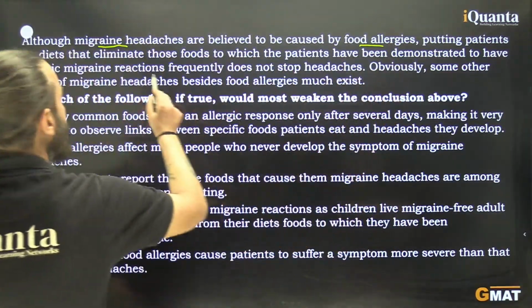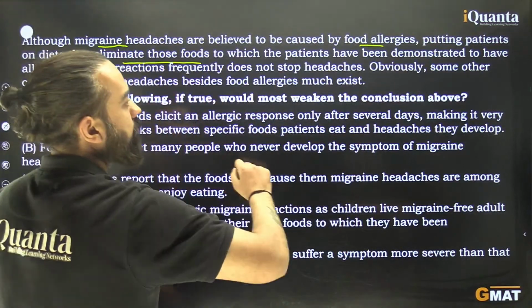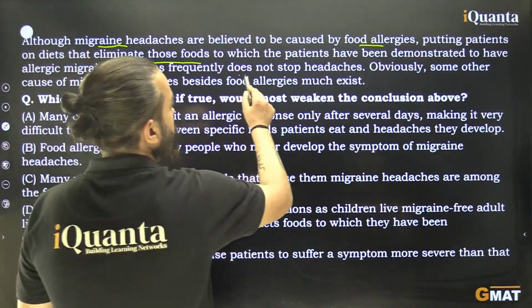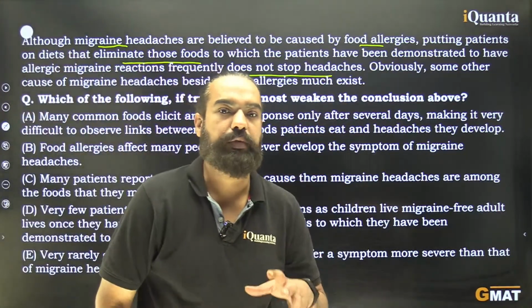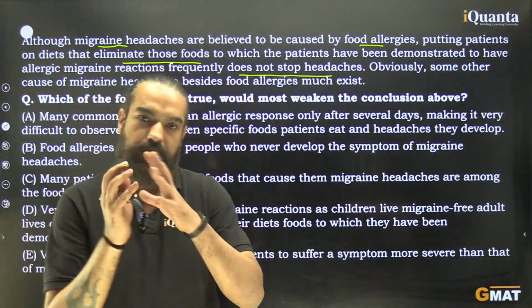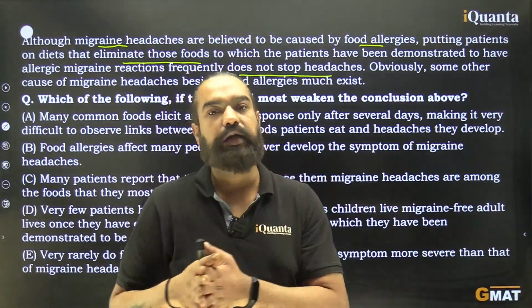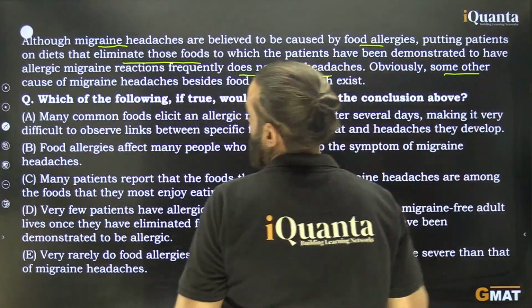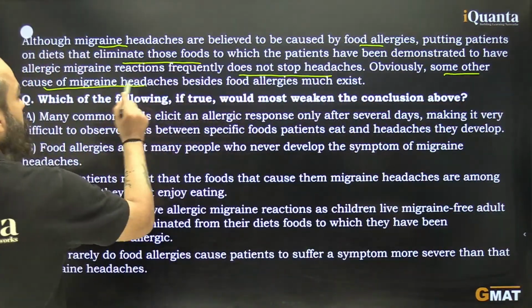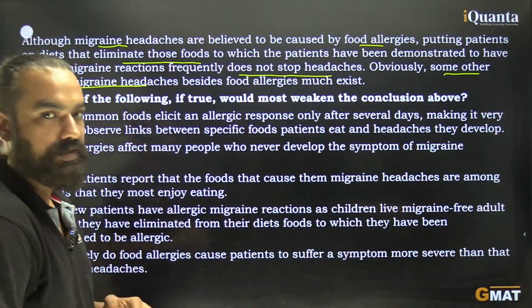What do we do? We eliminate those foods, but it does not stop headaches, right? Now we eliminate those foods from the diet, yet the migraine does not stop. Based on this, our conclusion is some other cause of migraine headache besides food allergies must exist.